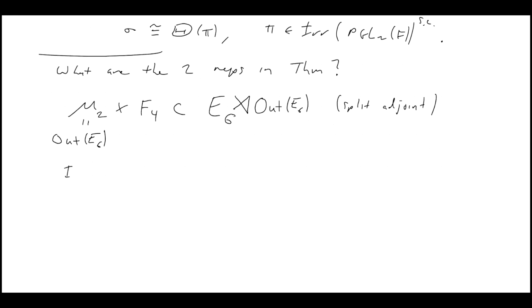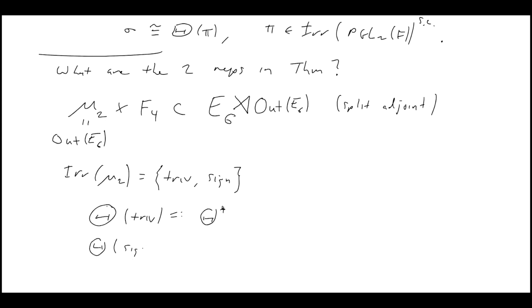Okay, now here, the irreducible representations of mu2, this is just a set of size 2. There's the trivial representation, and then there's the sign representation. Okay. And in fact, if we take the theta lift of either of these, let's define this one to be big theta plus, and this one to be big theta minus.